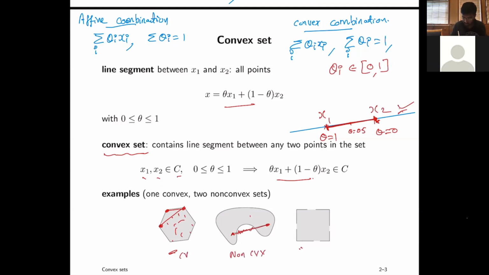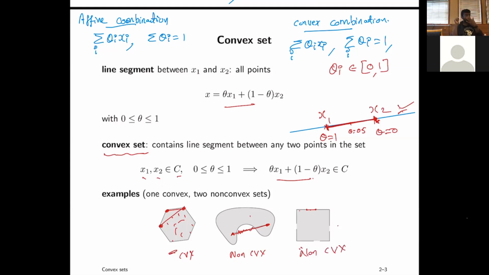And what about this one, where there is a gap? Yes, the gap is there, that's not a printing mistake. It's not convex because the set means everything. If you take this point and this point and draw a line between them, at the boundary these points are missing. So this is non-convex.